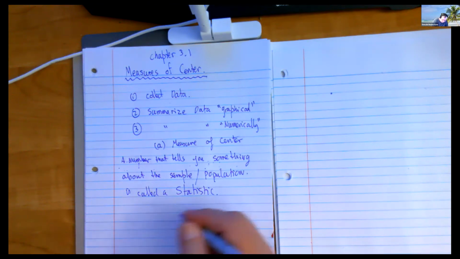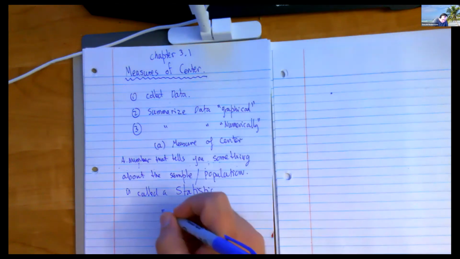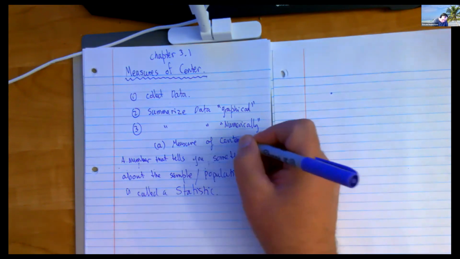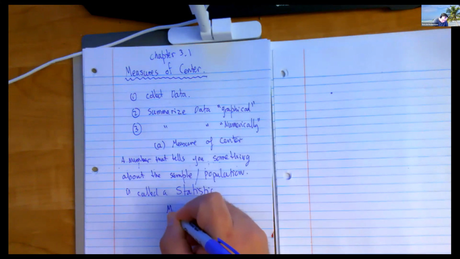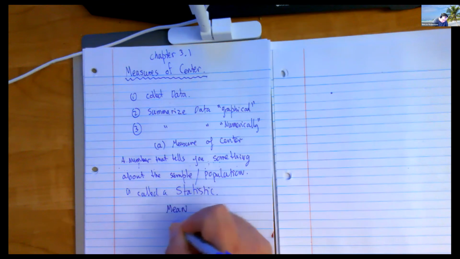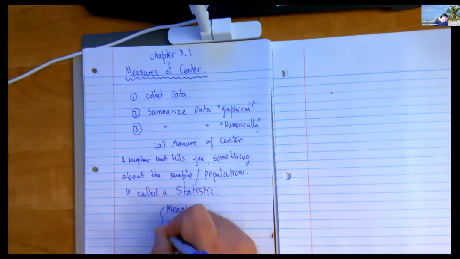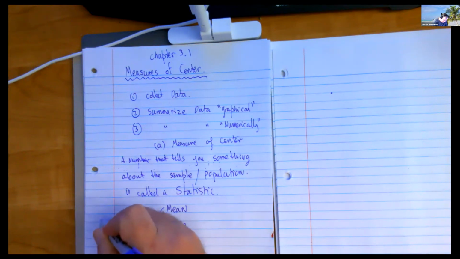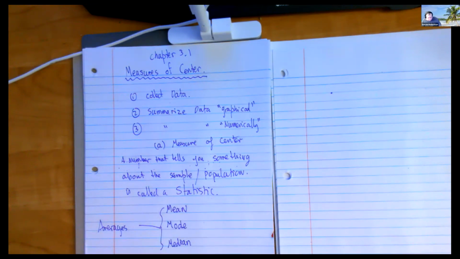There are two main groups to that. One measures a center. There are three versions of that: mean, mode, and median. They are all collectively called averages. We typically use the term average very loosely. Normally when we say average, we mean the mean. That's where you add up all the numbers and you divide by how many.